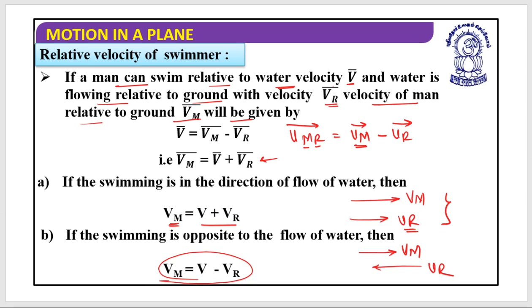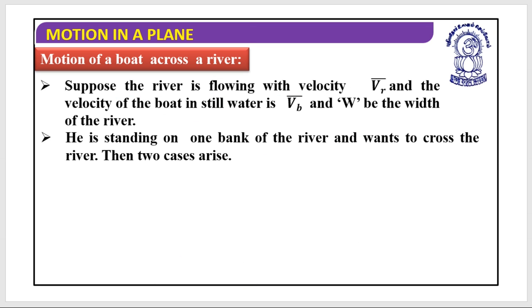When you are swimming in the same direction as the flow of the water, you will be supported by the flow of water in this situation, and so your swimming speed will be increased. The reverse is the case when you are swimming opposite to the direction of flow of the river, then your speed will decrease, and that can be calculated as V minus Vr. I hope those things are clear.